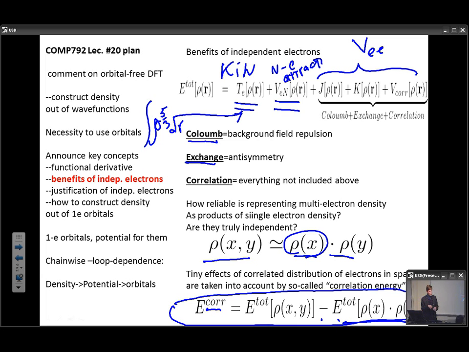Okay. And if one needs some more detailed additional precision, then one is looking for those correlation effects. Okay, thank you. Let me maybe make a little example.